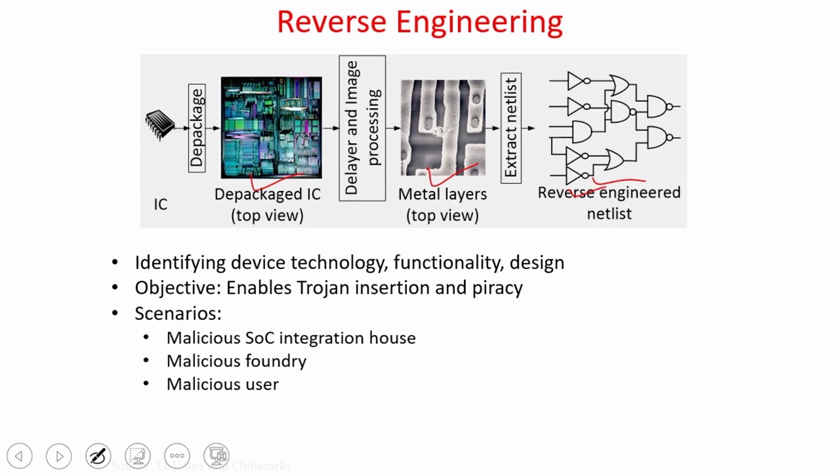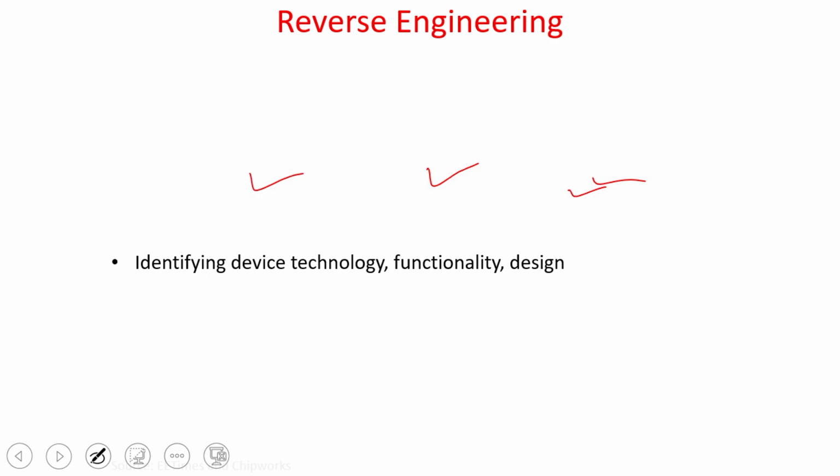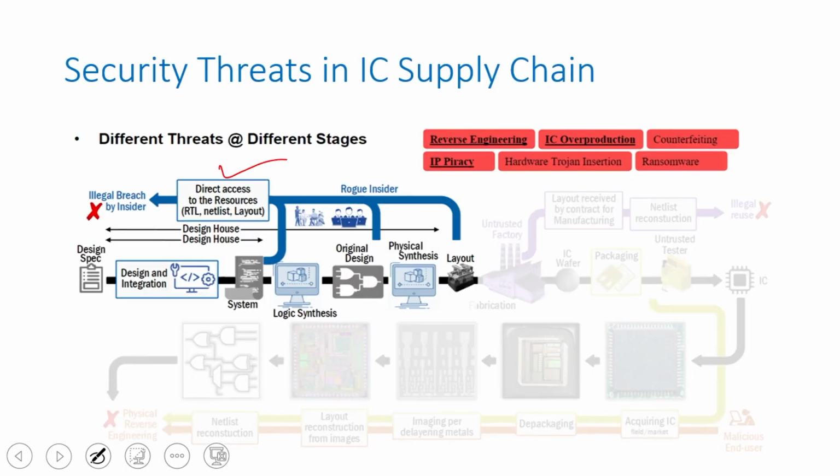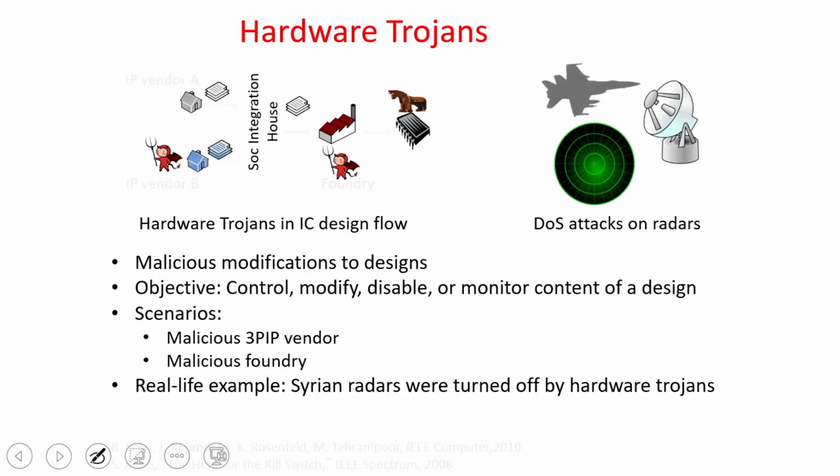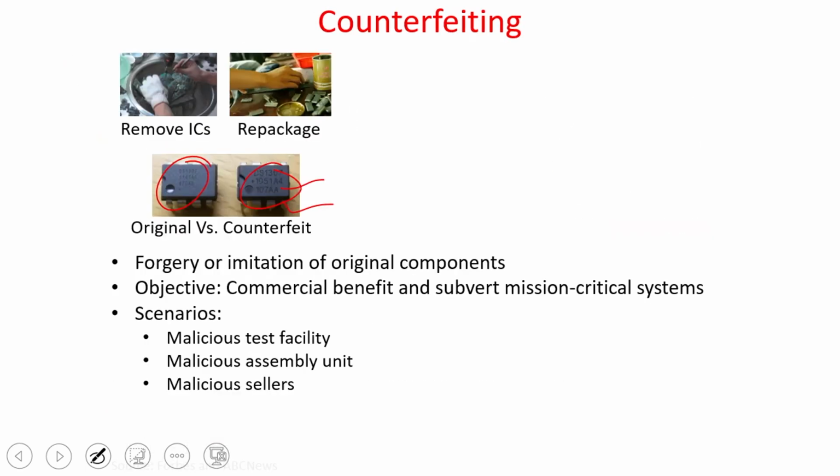So, the same story, you have the netlist, but you will not be able to use it. Effectively, logic locking is a technique that can give protection against all kinds of threats that we have in the IC supply chain. So, this is the introduction to logic locking, sorry, HLS in logic locking.